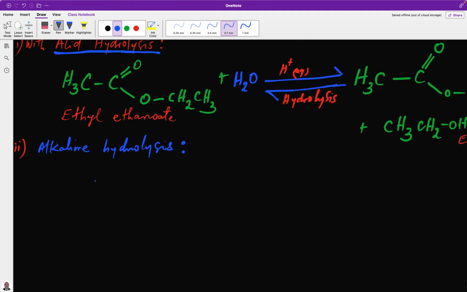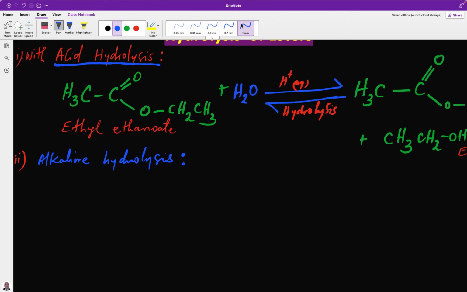So, what is formed? As I said, alkaline hydrolysis is with aqueous sodium hydroxide. With aqueous sodium hydroxide, the reaction is not reversible.